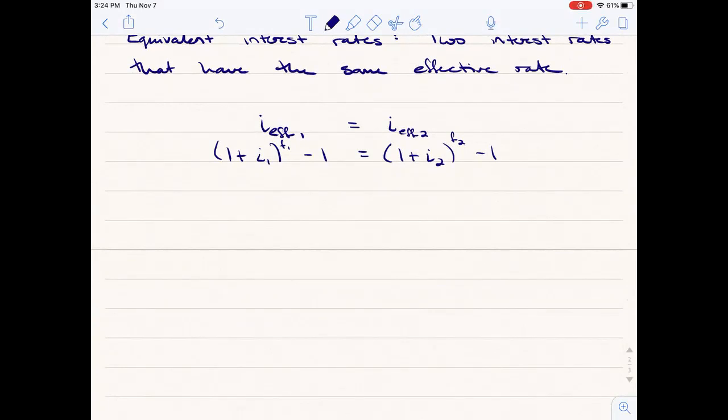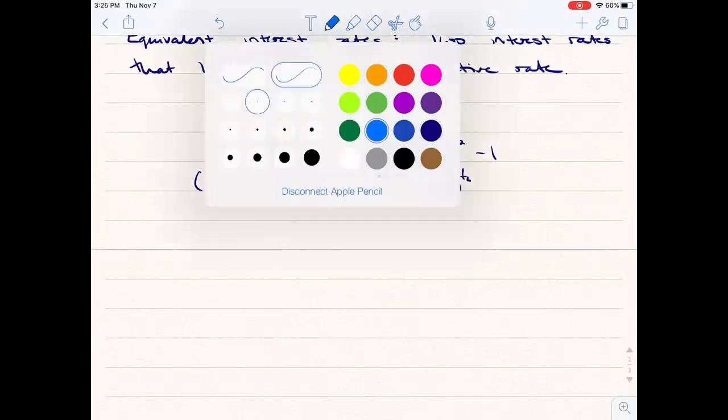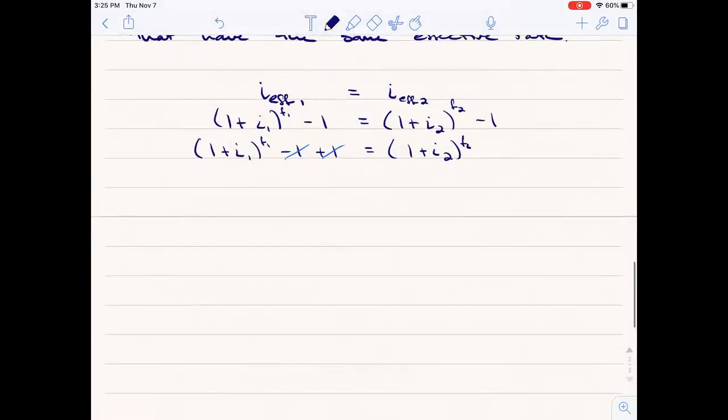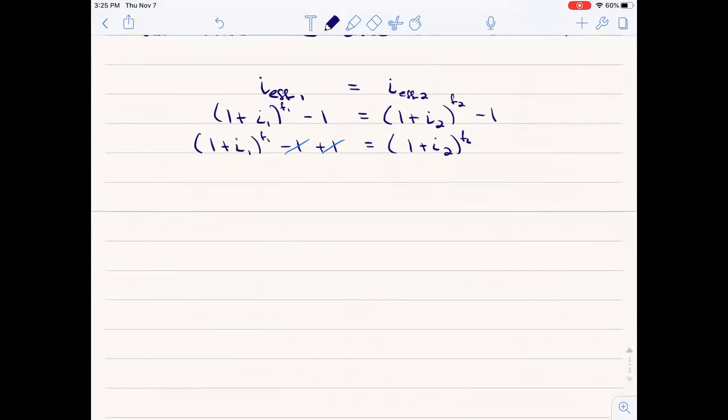And I can move the minus 1 over. Let's just do that. We'll just be careful. 1 plus I1 to the power of F1 minus 1 plus 1 is 1 plus I2 to the power of F2. Those are going to cancel, right? Minus 1 plus 1 makes 0. So now I've got F2 in the power and F1 in the power.